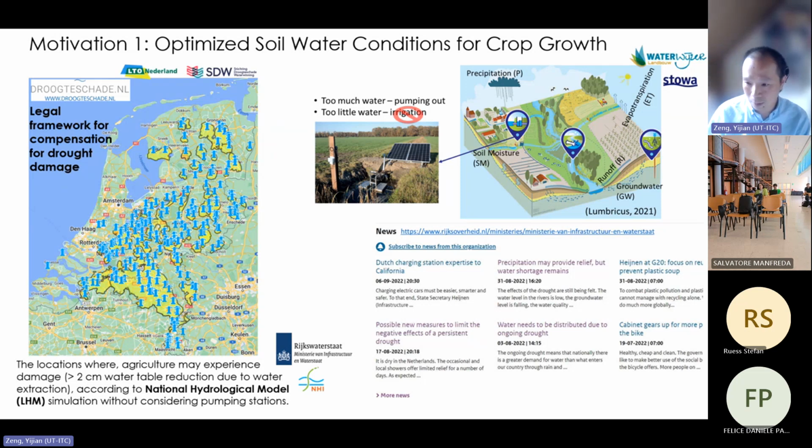If it is an overestimation, farmers are happy, but the drinking water company is not happy, and the other way around, right? So it became very important to understand this model simulation and its accuracy. This is from the hydrological model point of view and the farmer point of view.